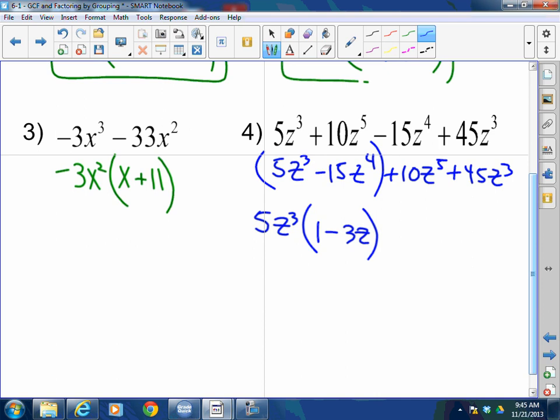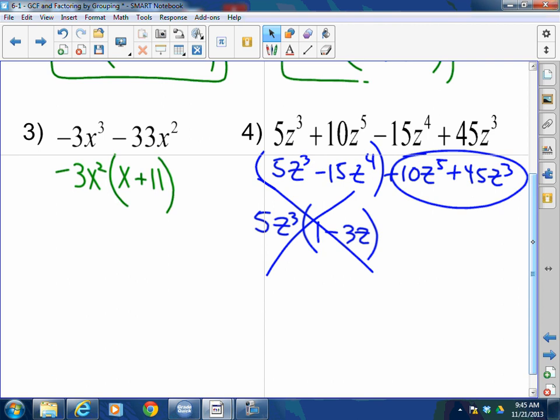Think about it here. Am I ever going to get a minus out of this guy? Am I ever going to get just 1z left over? No. So that would not be a good grouping candidate. That could only be GCF. That's why it's so important. It's a great question, son. So important always to first factor out the GCF. Okay?